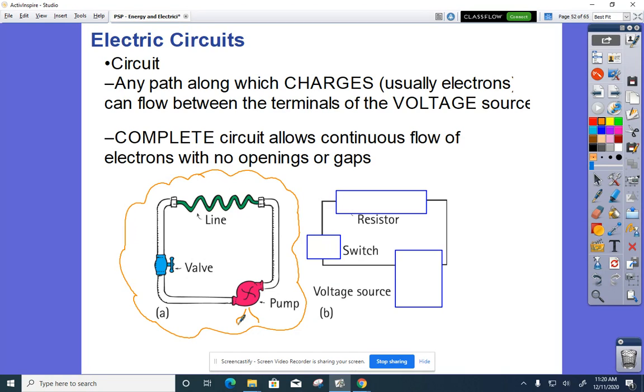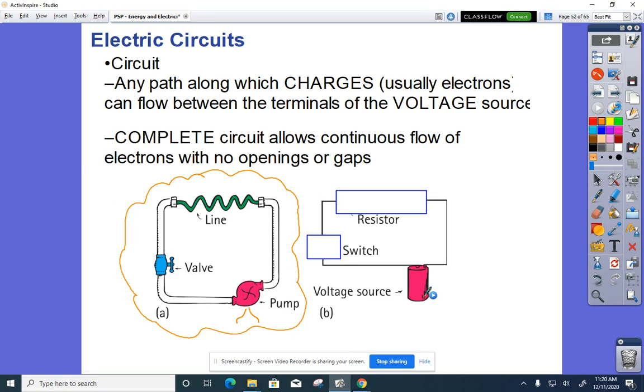It's exerting the force necessary to move that water. So over in the electrical circuit, that would be the voltage source, typically a battery if it's something that we'd be building in our classroom. If it's something that you plug into your wall outlets at home, that voltage source would be coming from the power company. But we need some way of exerting that force on those charges.